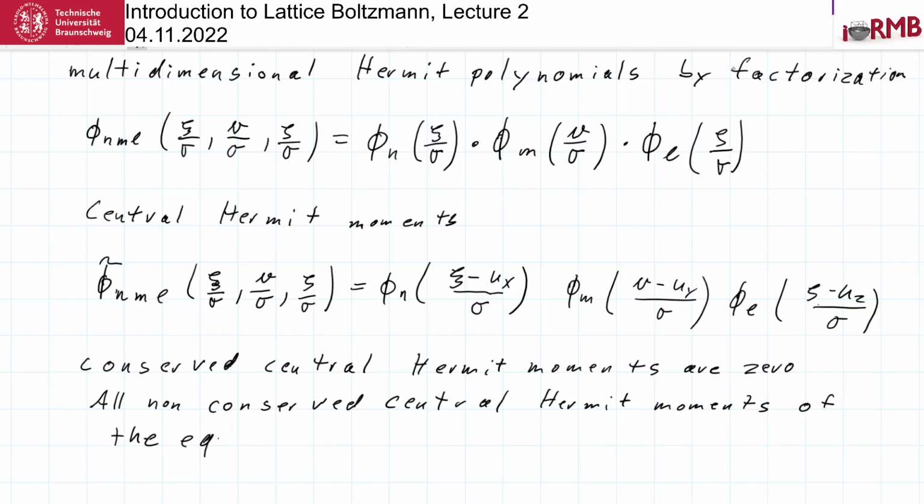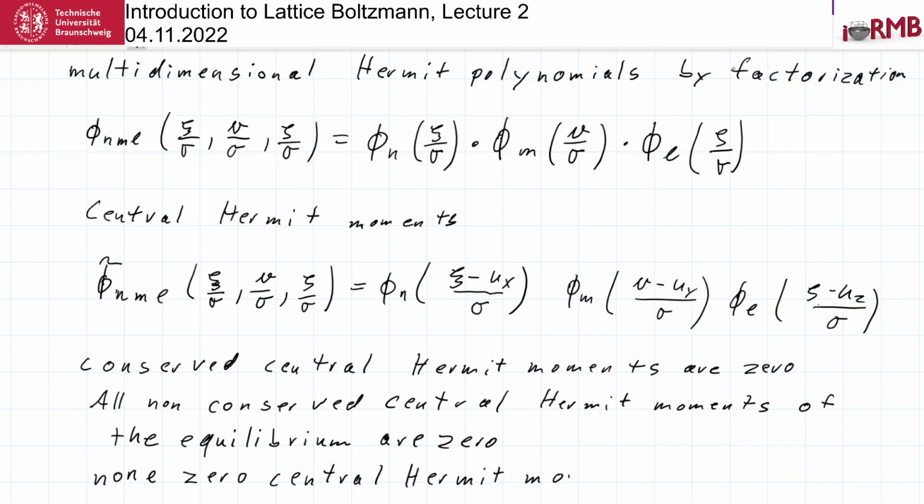So this means we can use these Hermite moments, in particular when we are close to the actual equilibrium, to detect deviation from equilibrium by looking at these Hermite moments, because each Hermite moment gives us a deviation of the distribution function from its equilibrium state.